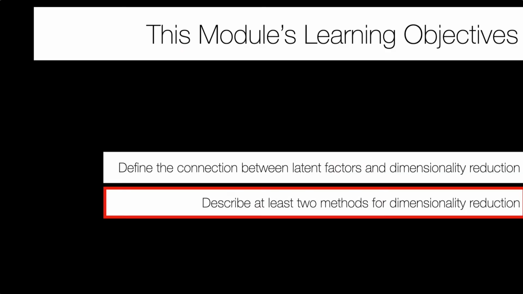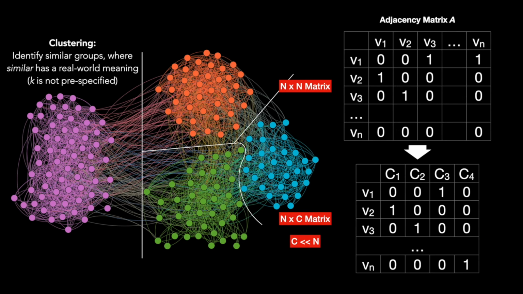Now that we've talked a little bit about how we might interpret this idea of dimensionality reduction in a couple of ways, let's talk about how we might actually implement this using the tools and methods available. So we've already talked about clustering. This is one way that you can do dimensionality reduction, going from this full square matrix to this potentially thin rectangular matrix with very few clusters for many different elements.